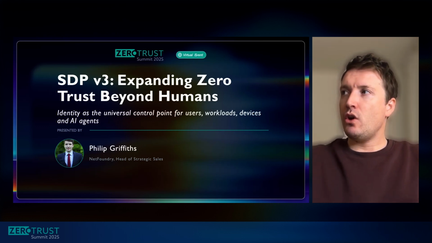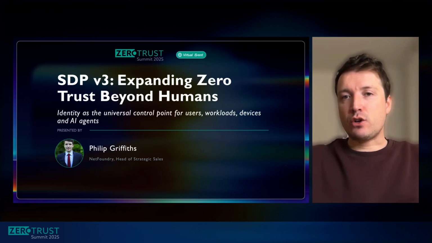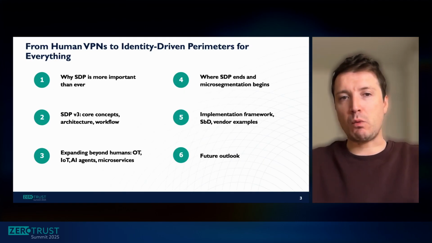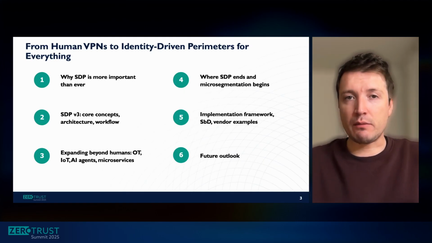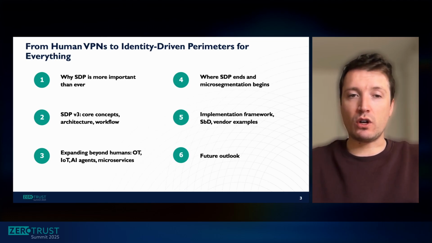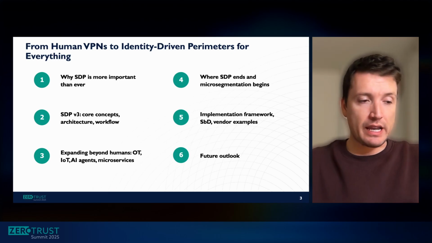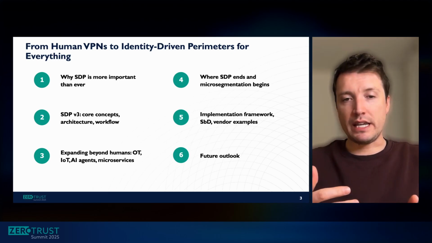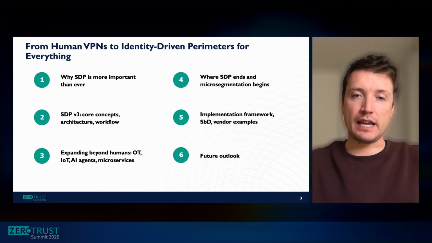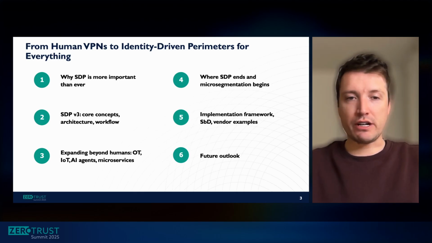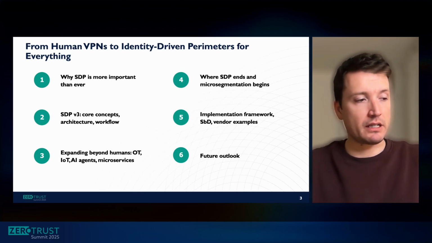So today in the talk, we're going to be looking at a few topics. Number one, why is software-defined perimeters more important than ever? Number two, what are the core concepts, architectures, and workflows? Three, how we expand beyond the use cases that we have traditionally been focused on of just users into operational technology, which actually is a big topic at this summit.